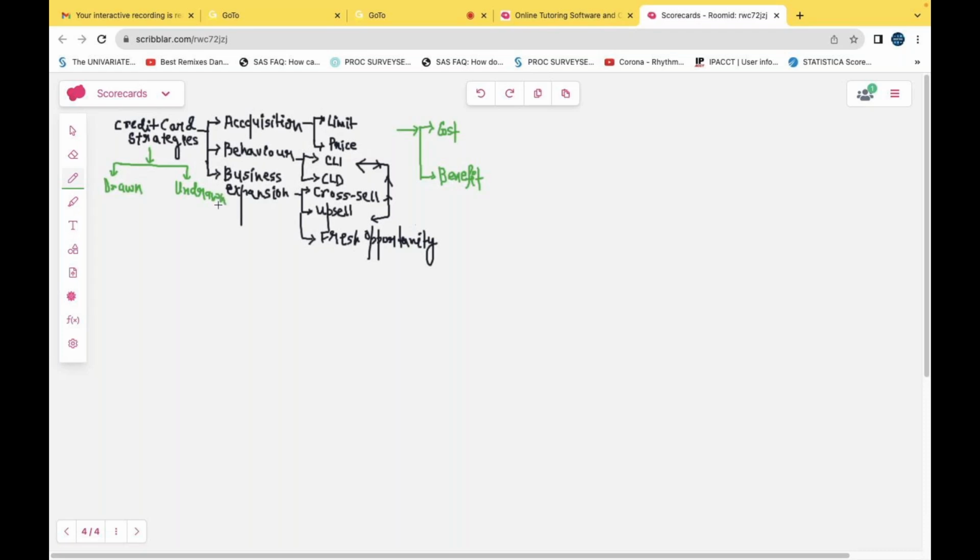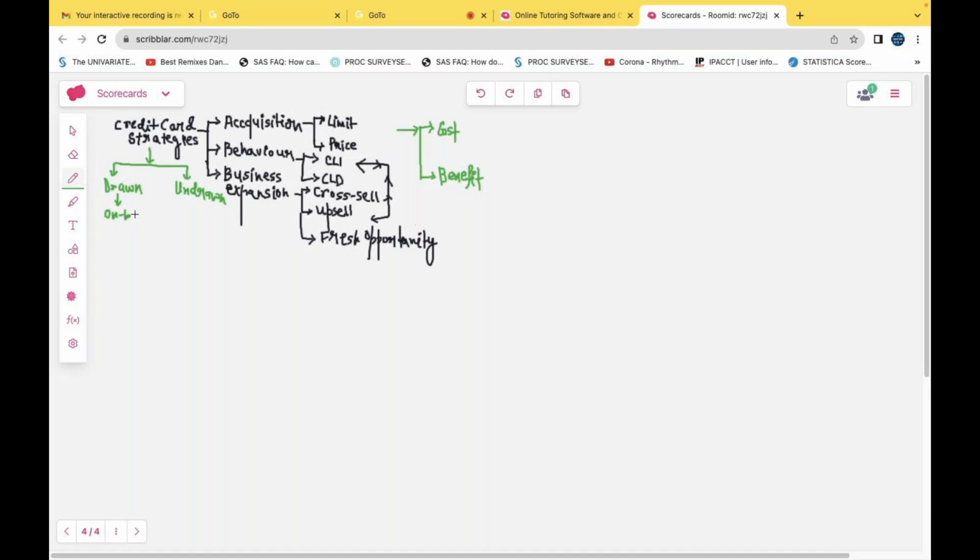Now, when I talk about a drawn balance, the drawn balance is an on-book, on-balance-sheet item.